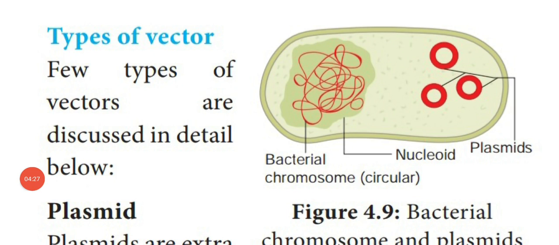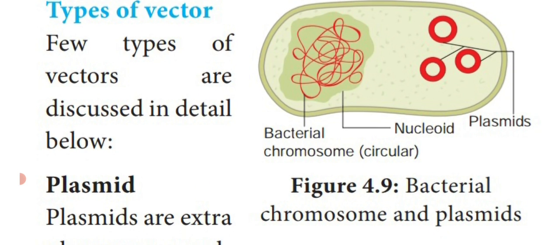Dear students, see the diagram: this is the bacterial cell which contains the bacterial chromosome and an extra chromosome known as plasmid. The net-like structure present on the inner side of the bacterial cell wall is the bacterial chromosome, which is circular in nature.